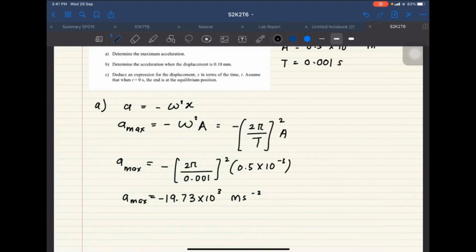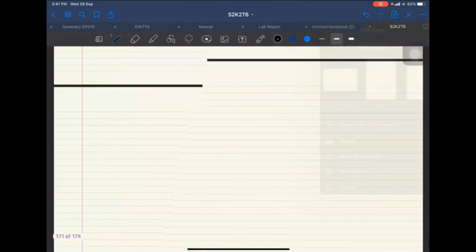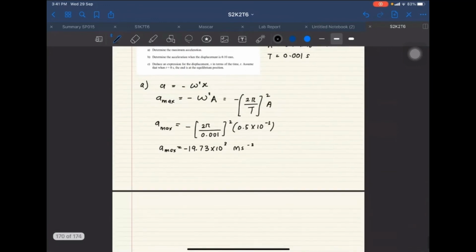Okay, determine the acceleration when the displacement is 0.1 mm. Question B. Obviously, you still have to use this formula lah, so dia kasih position.